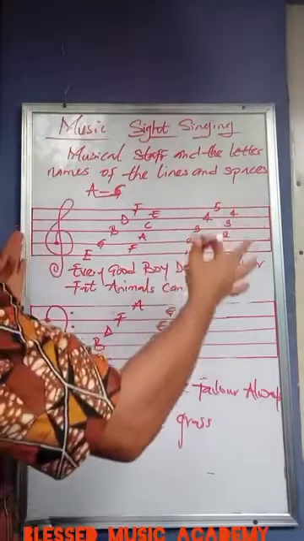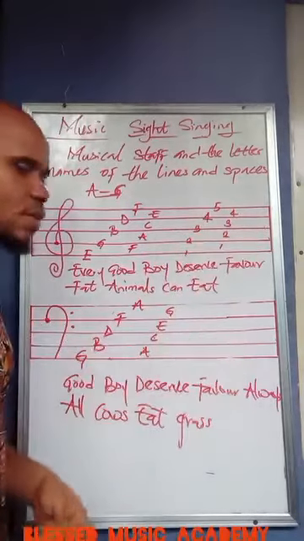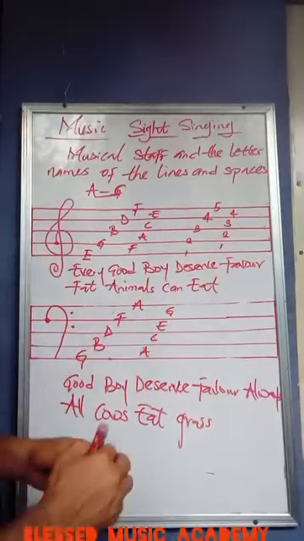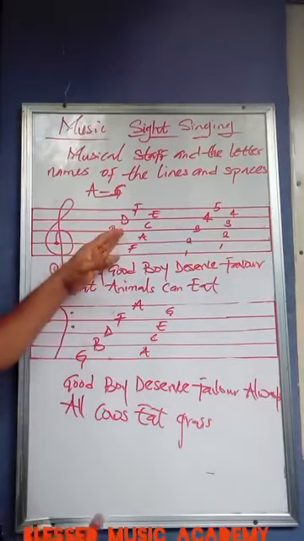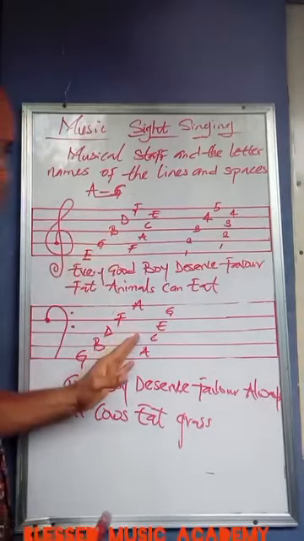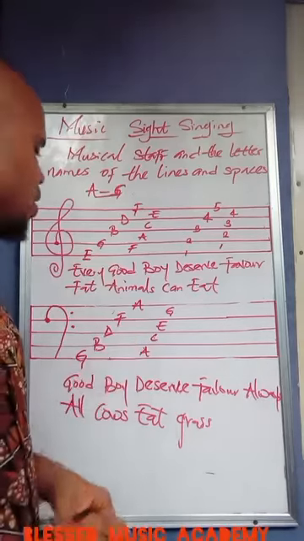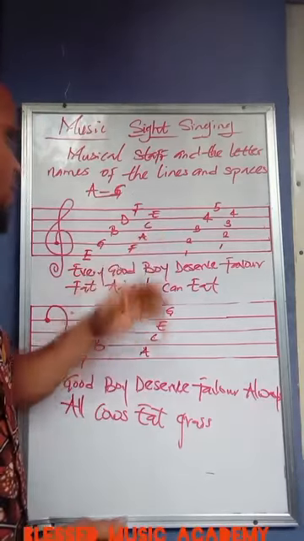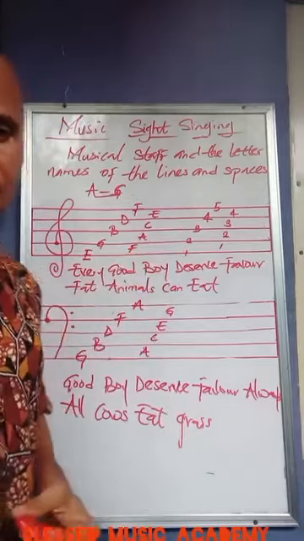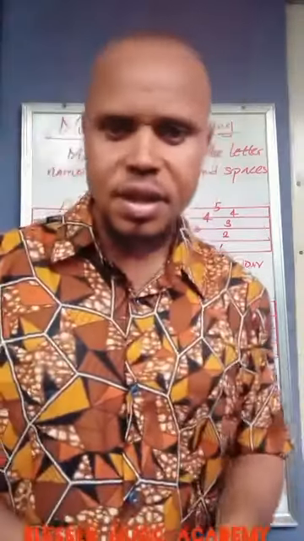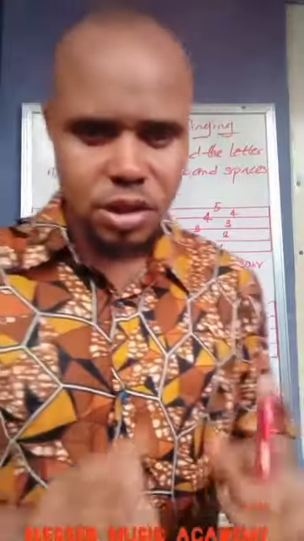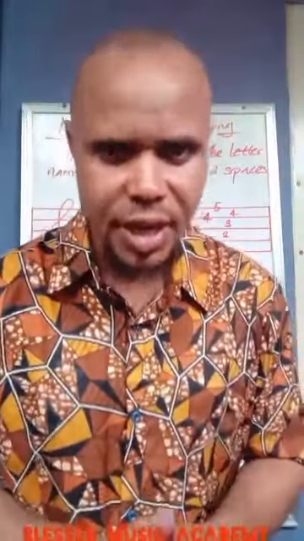So this is what you need to know about letter names of the lines and spaces for the treble staff and for the bass staff. If you must know how to sight sing very well, you must know your letter names of the lines and spaces.